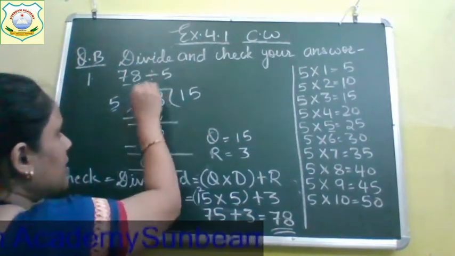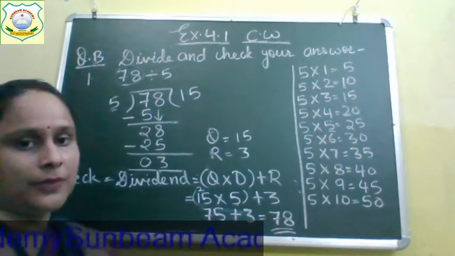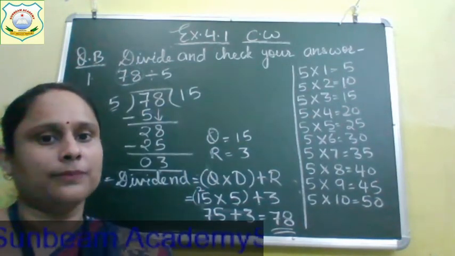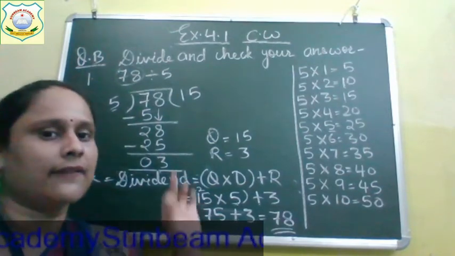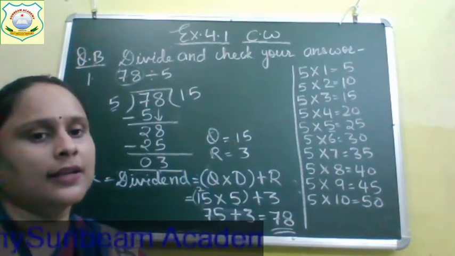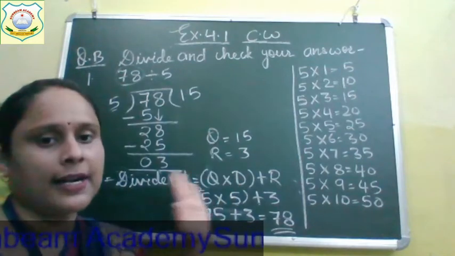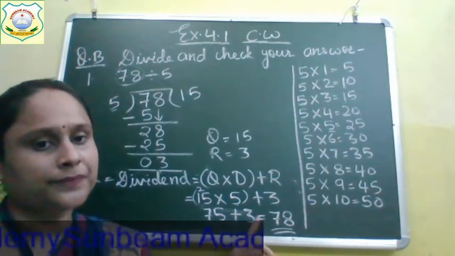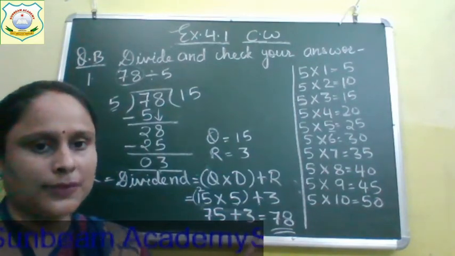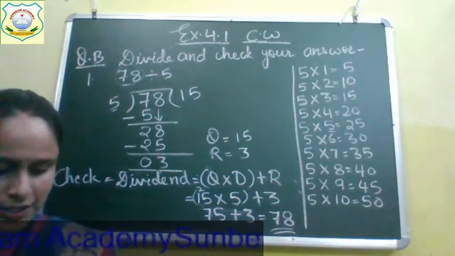Your dividend should come. So dividend is coming, that means our checking is correct, our quotient and remainder are correct. When our quotient and remainder are correct, we get the correct answer.